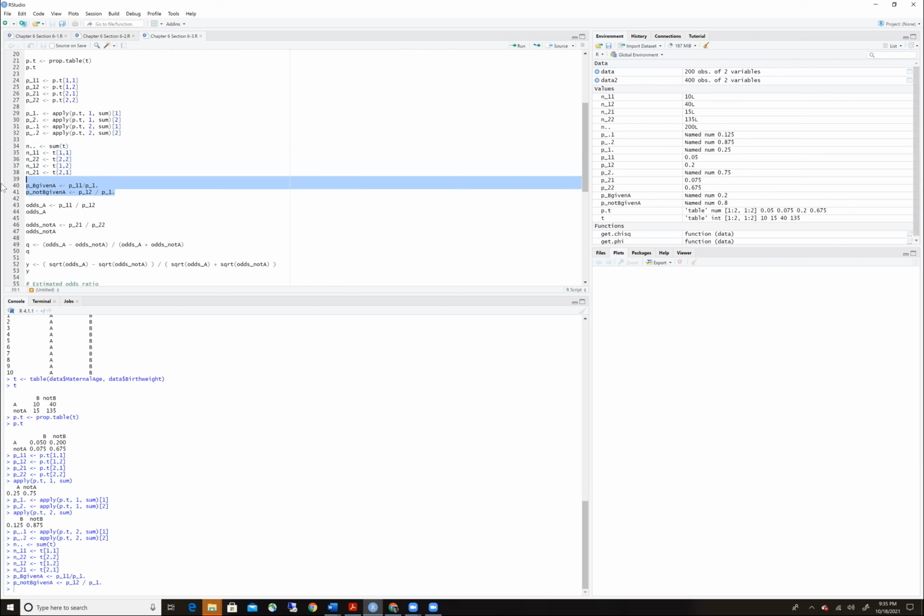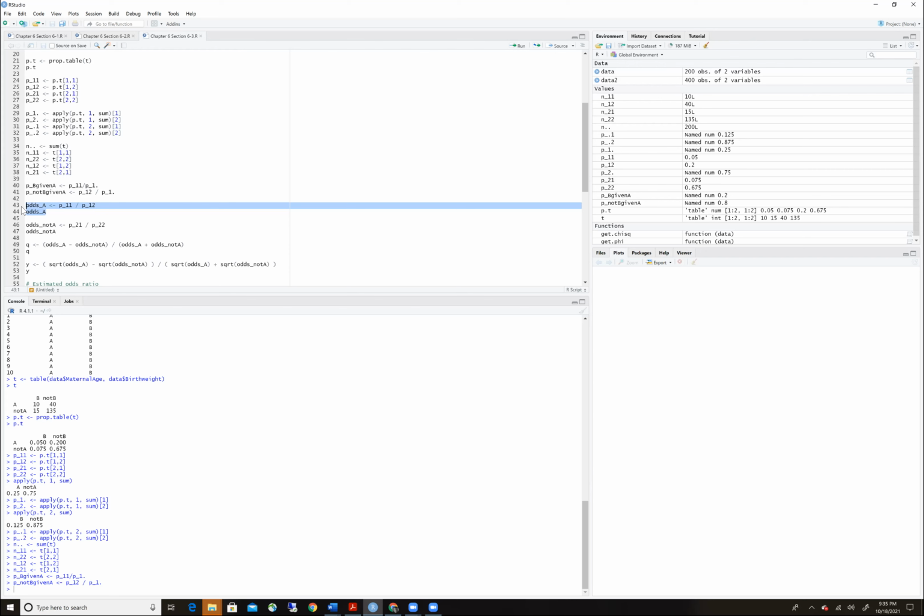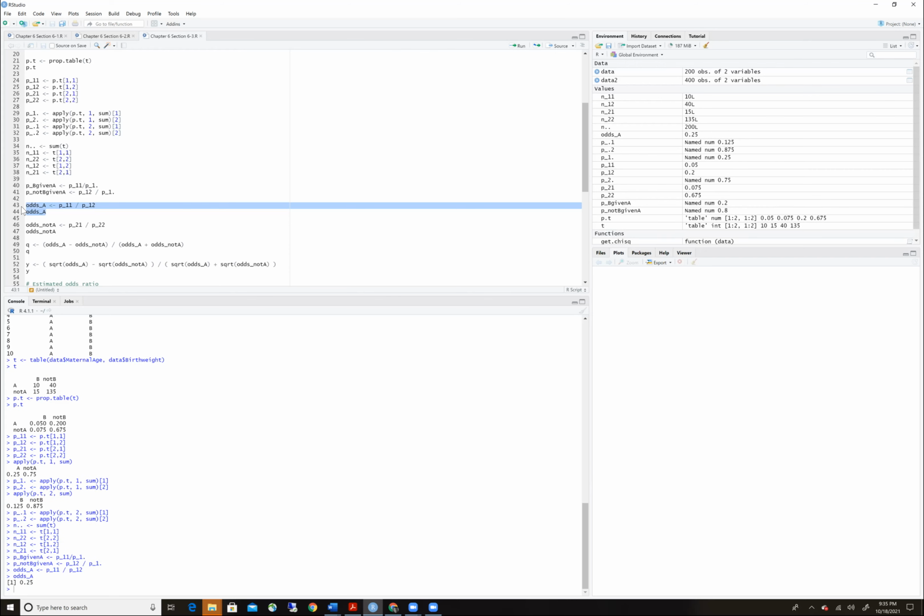And then I can get the odds of A, similar to equation 6.6 of our text, by dividing P11 by P12. Essentially, the P1 dots cancel out when you look at the odds, and you can simplify the equation. I get 25.25. Okay.